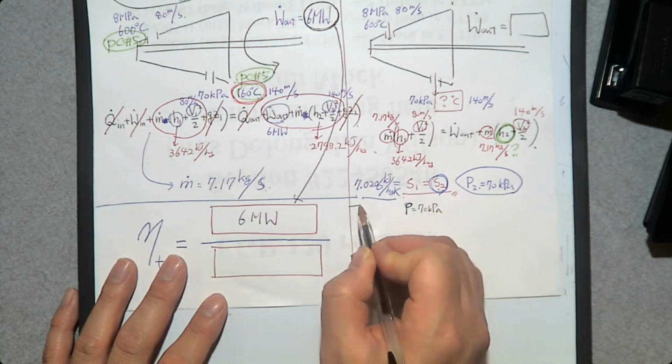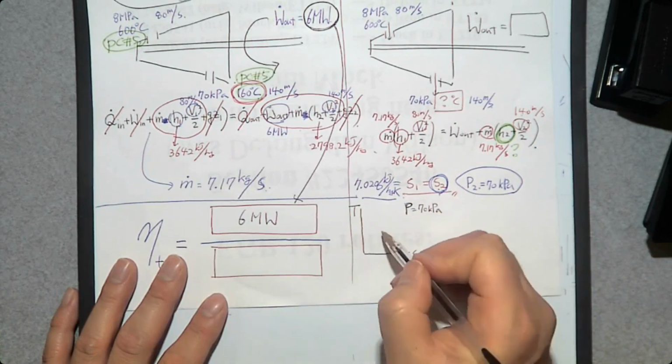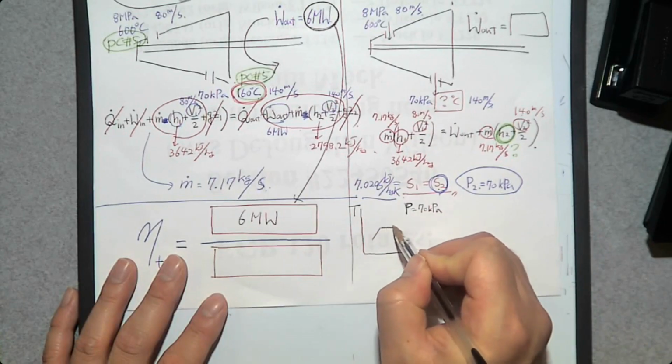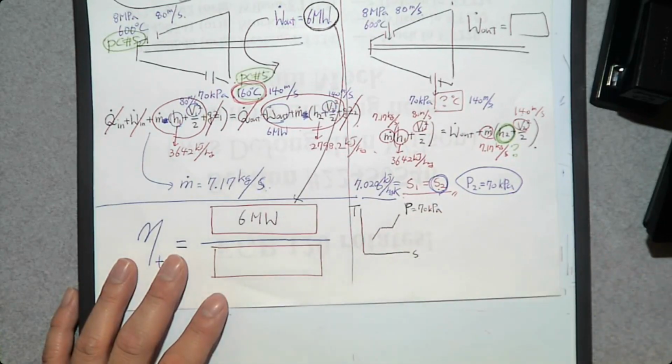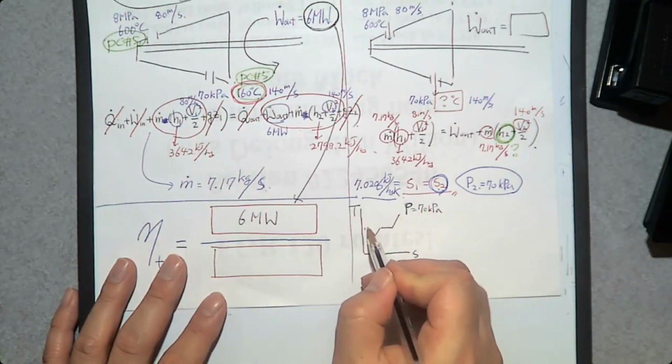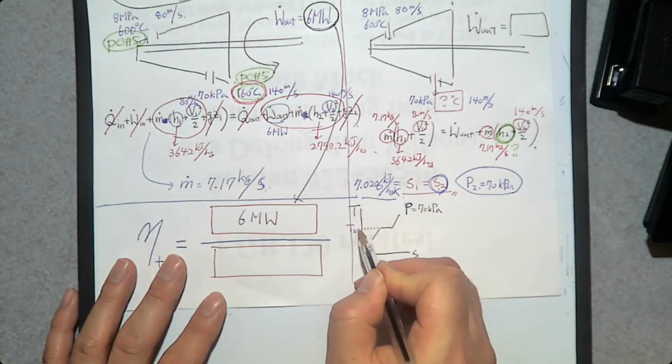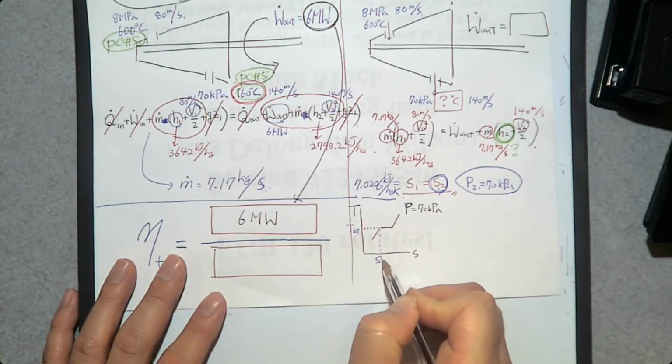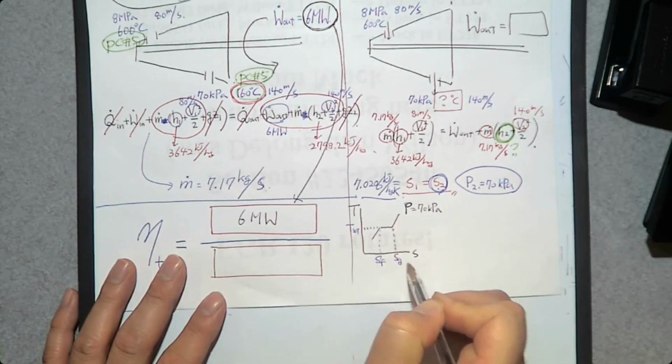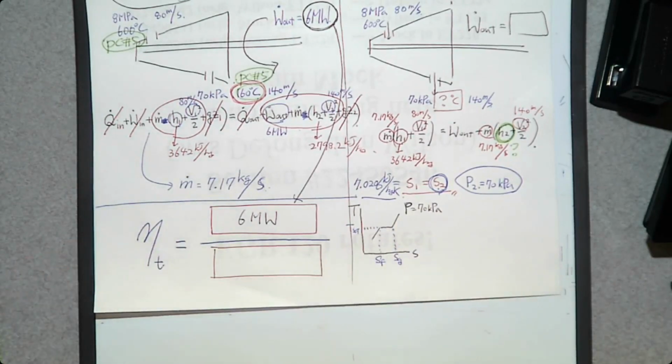It looks like this. To complete this T-s diagram, we need to know Tsat, sf, sg. Where can you find Tsat, sf, sg? From a property table at 70 kilopascal. So let's go there.